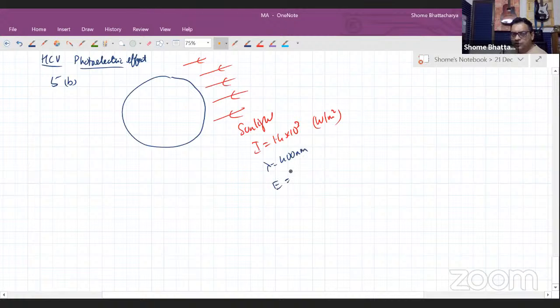So the energy of the photon, hc by lambda, we can calculate by that approximate value: 1242 divided by 400 electron volts.